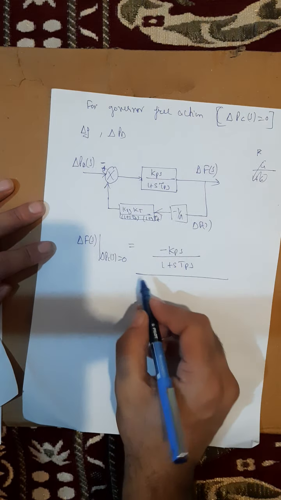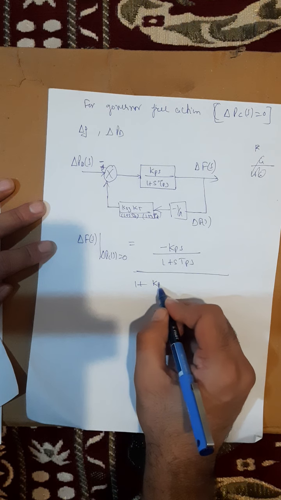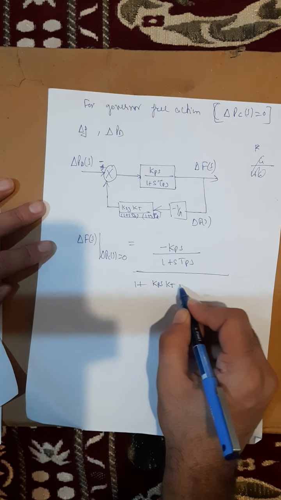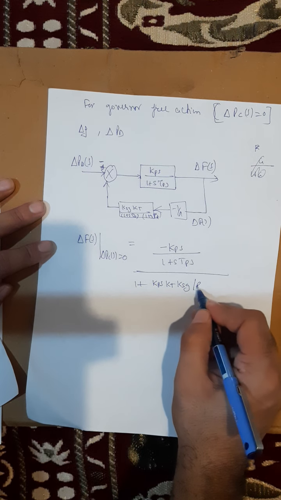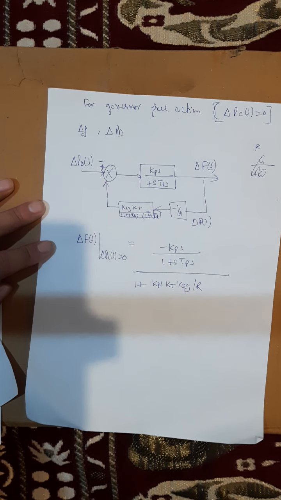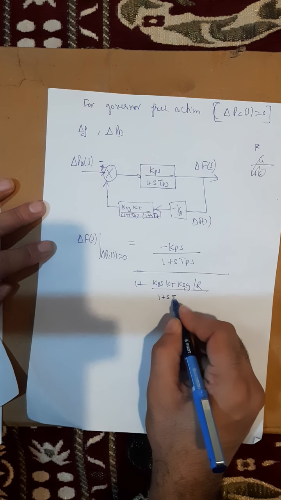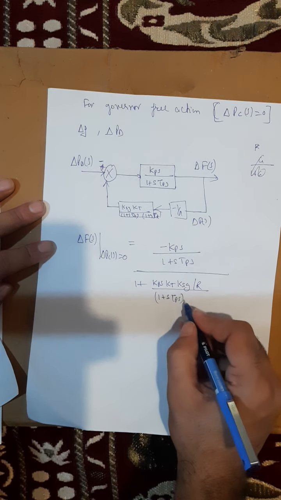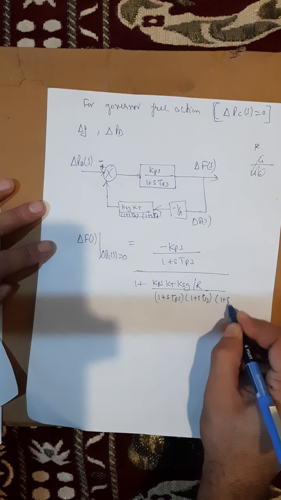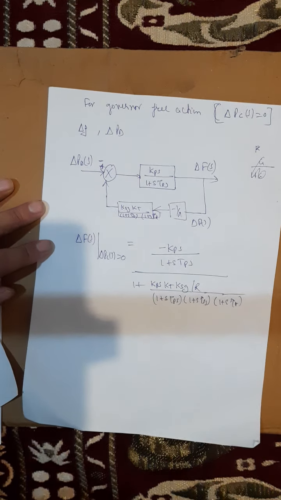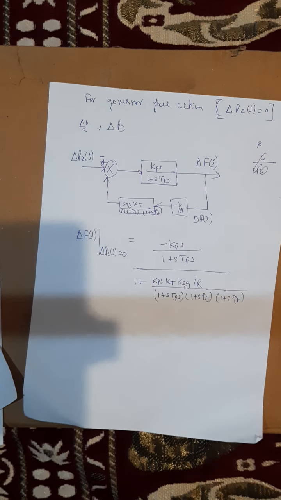I will directly write it down: 1 plus KPS into KT into KSG by R, divided by 1 plus s TPS into 1 plus s TSG into 1 plus s TT. Got it? So if I solve this further, what will I get?